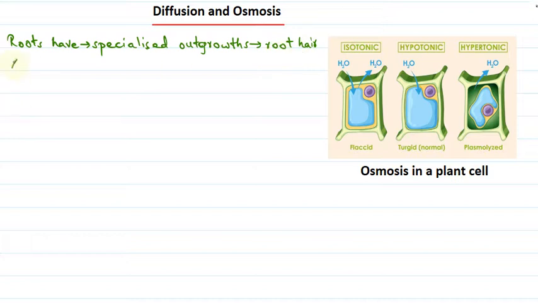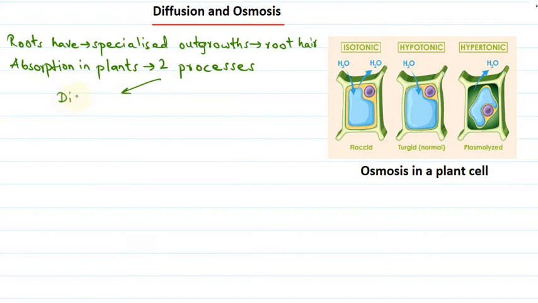So this absorption that takes place in plants takes place by means of two processes, and these processes are diffusion and osmosis.